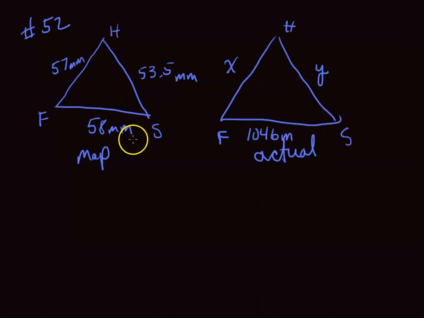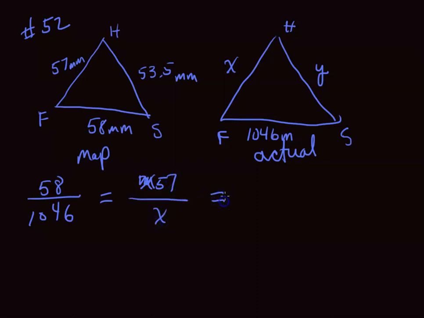So that gives us our ratio, the 58 to the 1046. That's the ratio we need for the other sides, because that's the same ratio of 57 to x. It's the same ratio as the 53.5 to y. So we're just going to cross multiply and divide by the third to solve for x.